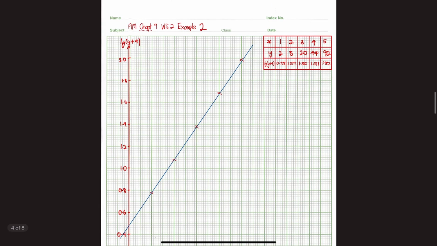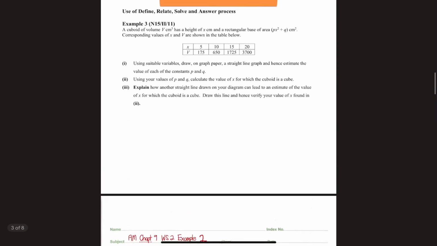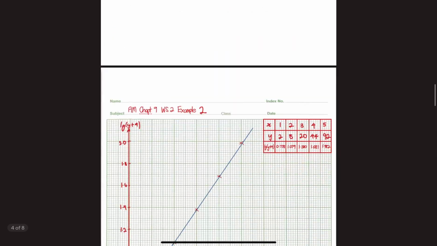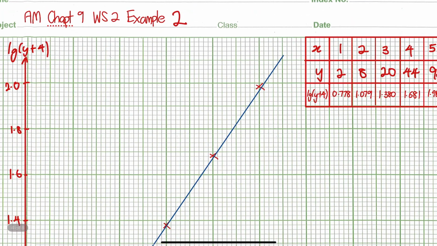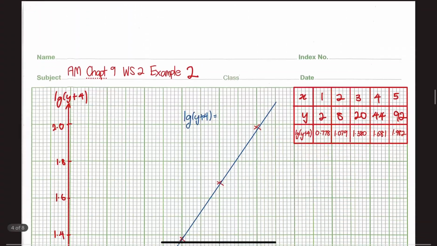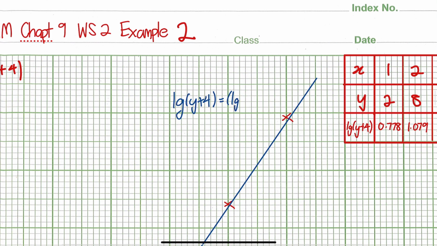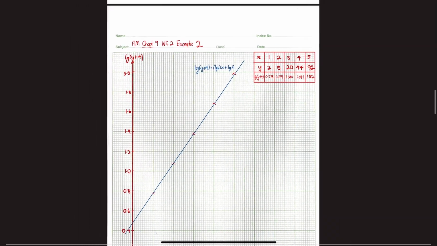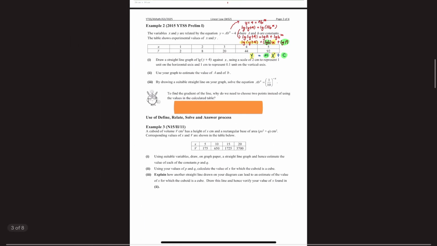Then remember, once I've drawn this line, I'll label it. This line has the equation log y plus 4 equals log b times x plus log a. This is the equation of the line. So now part 1 is done.